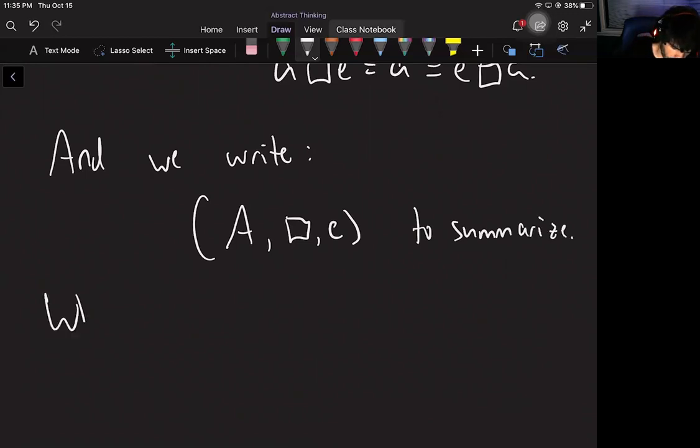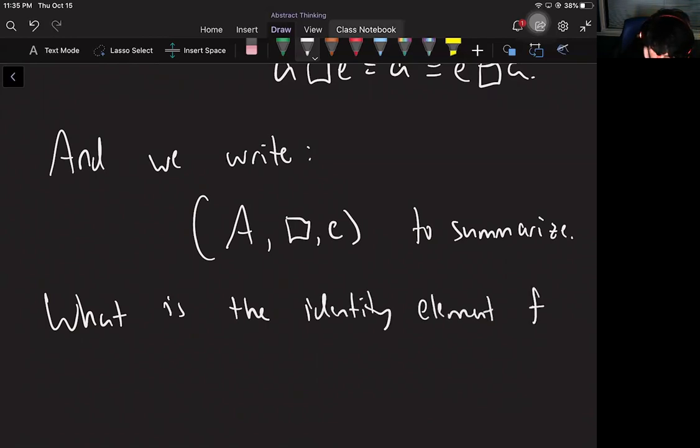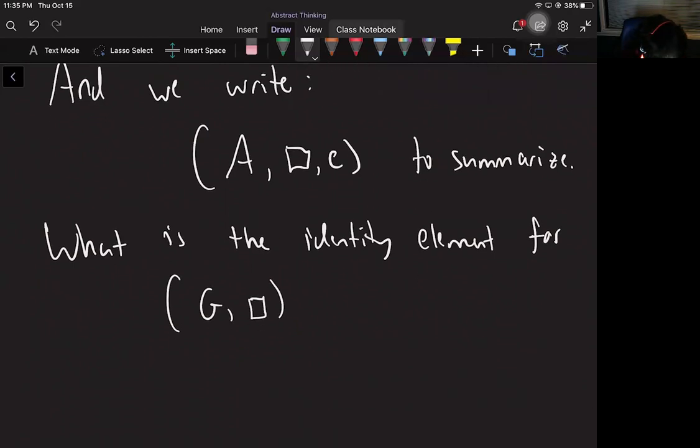So let's think about the very cool set that we created earlier. What is the identity element for that set G we created with the operation of doing one way to move the triangle followed by another way to move the triangle?